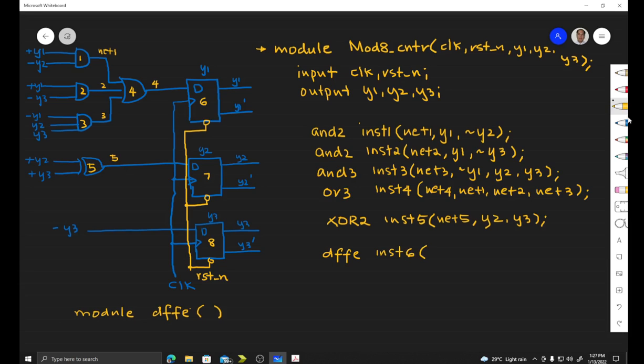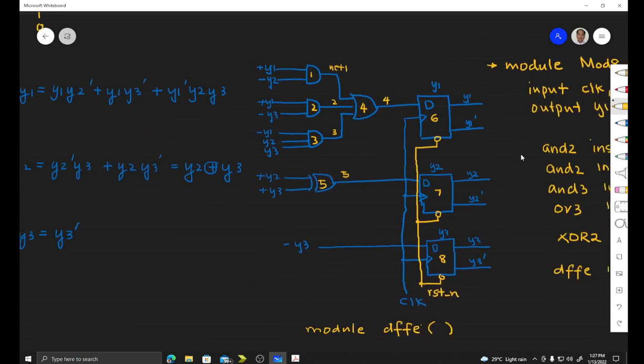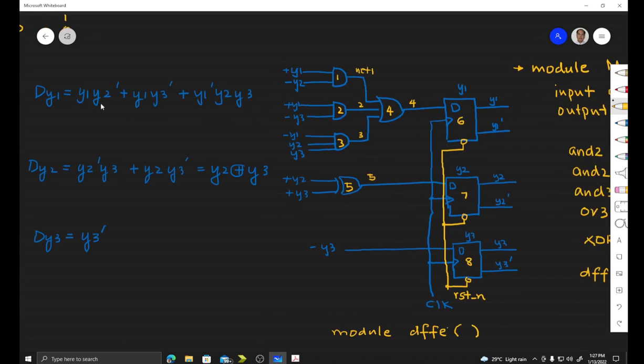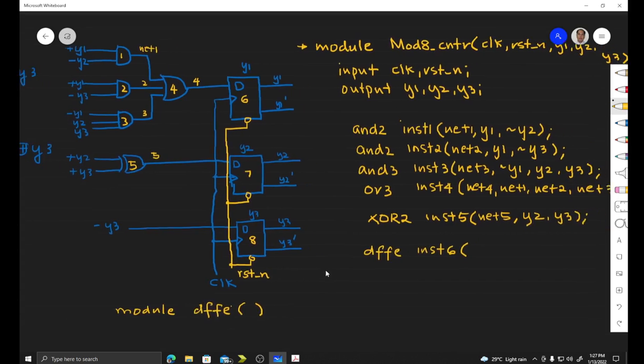The output is, based on our state equation for DFFE1, Y1, Y2 prime, Y1, Y3 prime, Y1 prime, Y2, and Y3.